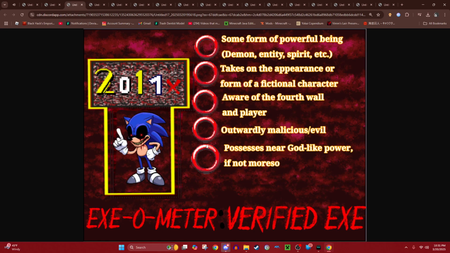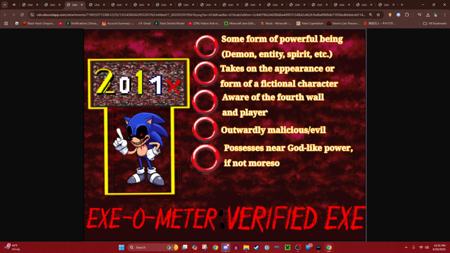If you have, say, 4, it's very likely, but not 100%. 3, that means half, so sort of potentially an EXE. 2, not really, and 1, barely. And 0 rings, well, you are so extremely unlikely to be one at first glance.